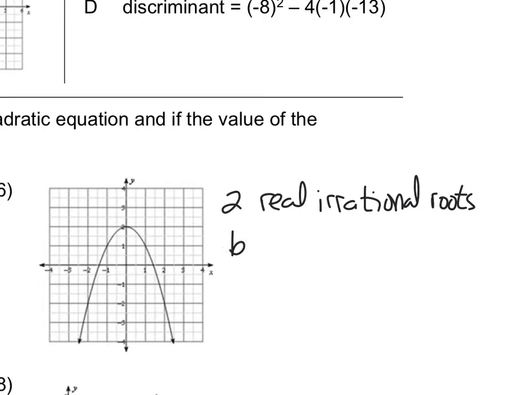The discriminant, b squared minus 4ac, is it going to be positive, negative, or 0? Positive. And just to really make sure that we're hitting the concept, is it going to be a perfect square or not a perfect square? Not a perfect square.